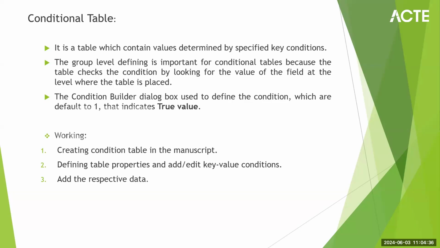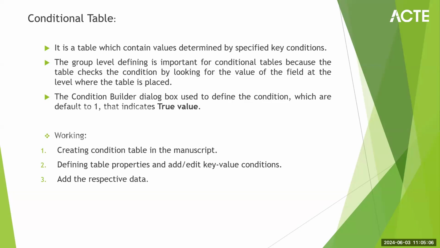This is how the conditional table works: what are the conditions that the policy satisfies? If it matches with the conditional table condition, then only this table will be applied. There will be some specific condition in order to view this table, and that condition should be satisfied while creating a policy.